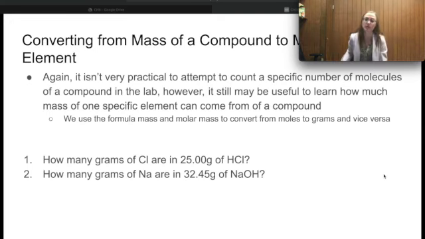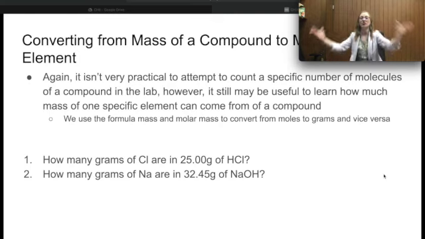I can compare moles of one thing to moles of another because this is just an arbitrary amount that we've decided on, right? We've said that there are 6.022 times 10 to the 23rd atoms in a mole. So we're not directly comparing mass, we're just comparing a total number of atoms to a total number of atoms. And then we have information later on with the formula mass and the molar mass that we can use to run those comparisons.